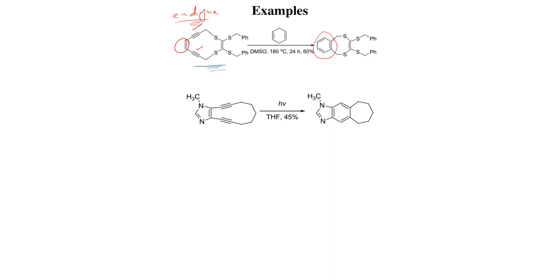And if we talk about another example, example 2, here it is also an en-diyne, and this reaction takes place in the presence of light. The first reaction takes place by providing heat, and this one by providing light. So UV light or any type of light can be used to carry out this reaction.